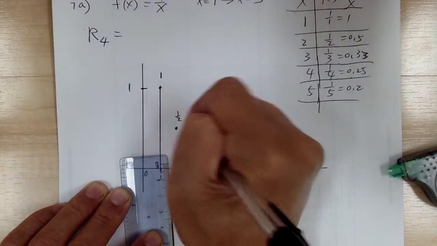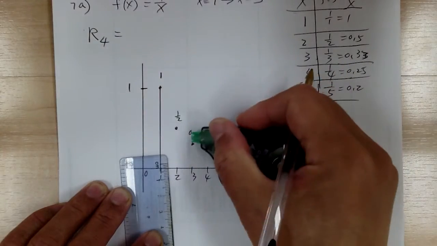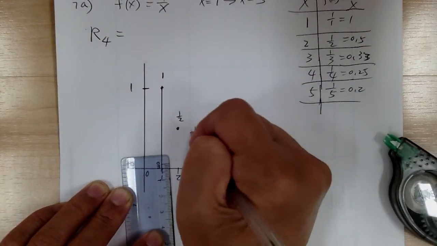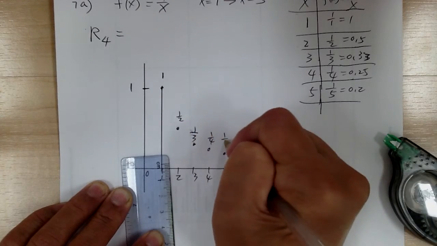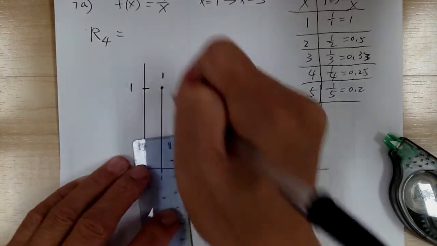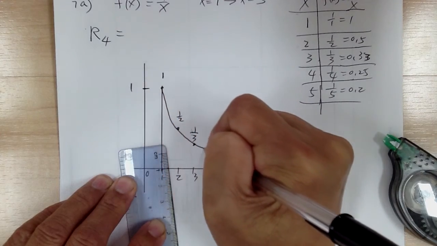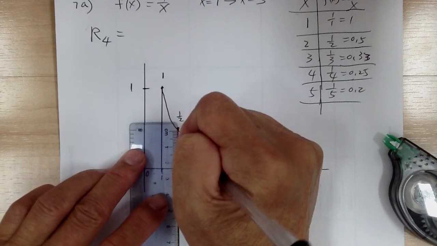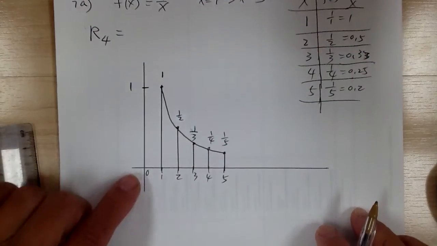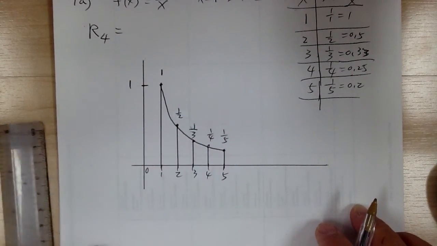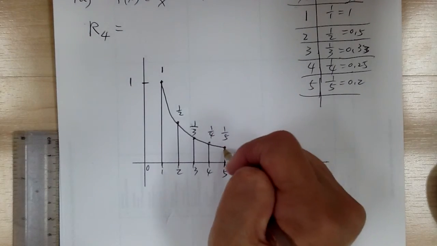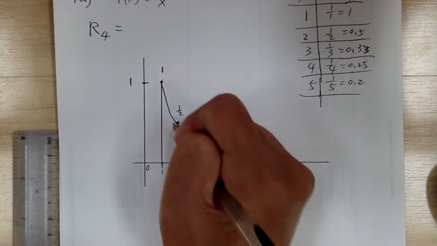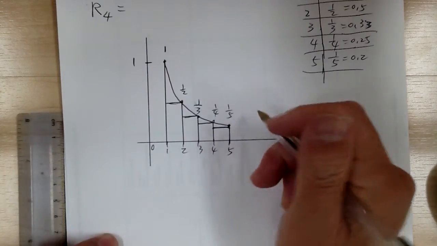So this would be 1 over 2, 1 over 3, 1 over 4, 1 over 5. Okay, so those are your 4 strips, right? 1, 2, 3, 4. And you want to use a right point, so you have to use a point on the right. So for each strip, you use a point on the right.